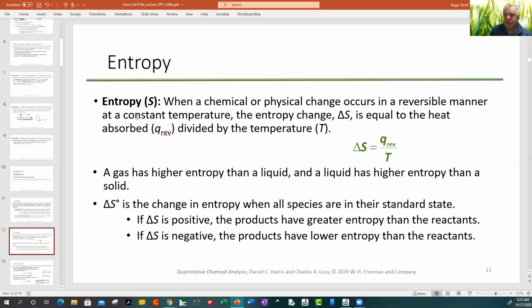Entropy changes occur when things can happen, and they happen, right? It's like if you have a checkerboard with some checkers on it, maybe 10 checkers, and it's shaking around a little bit. Maybe you're in a car or something, and the checkers are going to move around on the board, right?